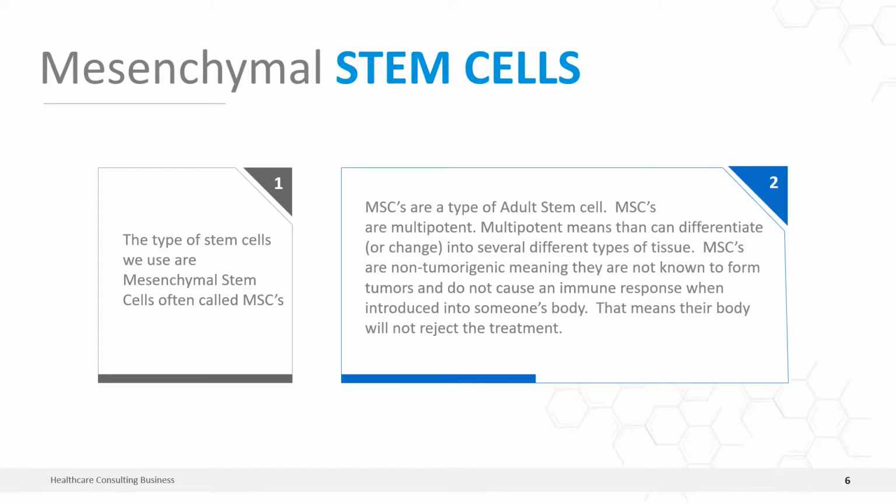Now, the kind of stem cells that we want to talk about are the mesenchymal stem cells, and they're very often called MSCs. So MSCs, or mesenchymal stem cells, are a type of adult stem cell.